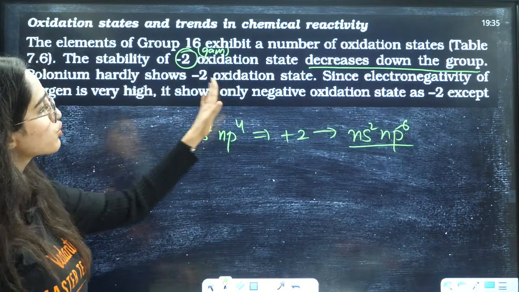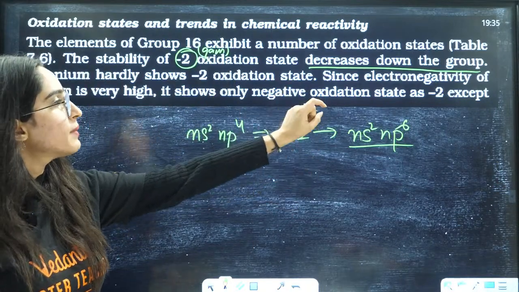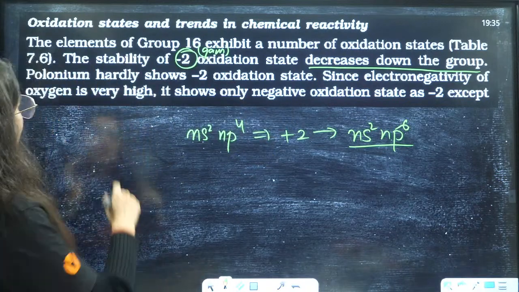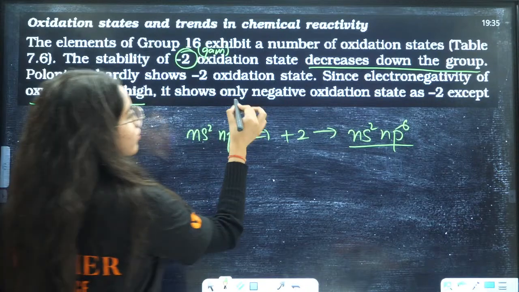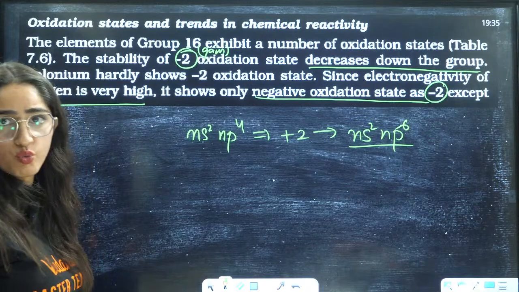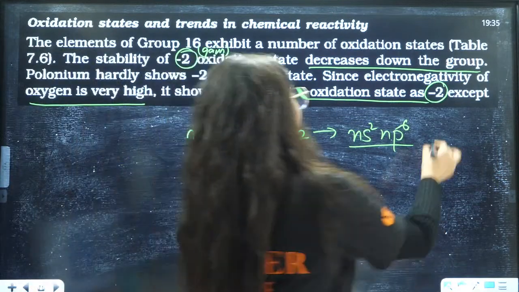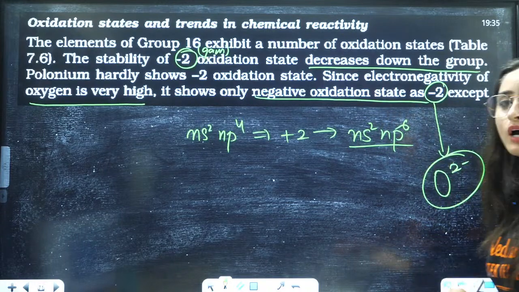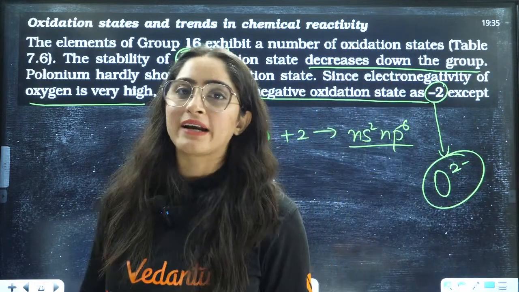Polonium hardly shows -2 oxidation state. Since electronegativity of oxygen is very high, it shows only negative oxidation state as -2, right? We know that oxygen, we see oxygen as -2, we give it, even the oxidation number, usually we write it as -2. Why?